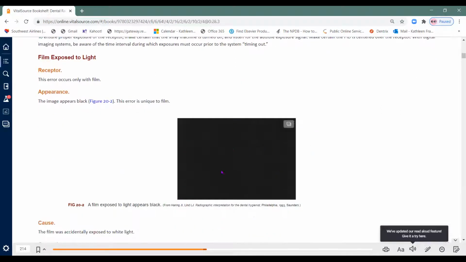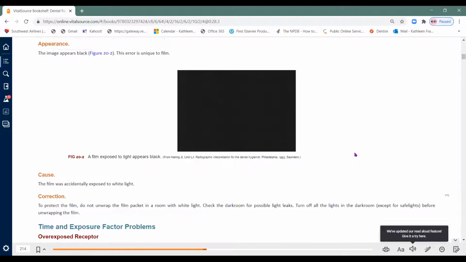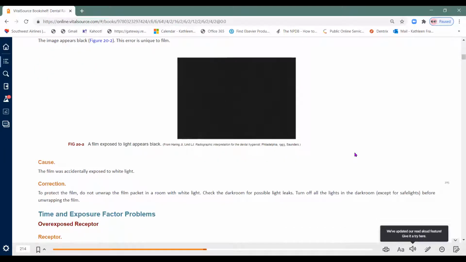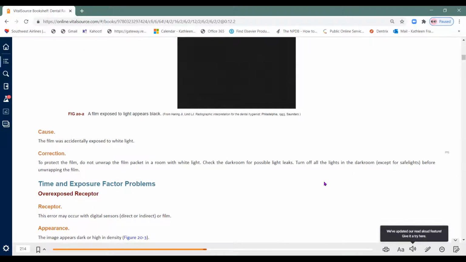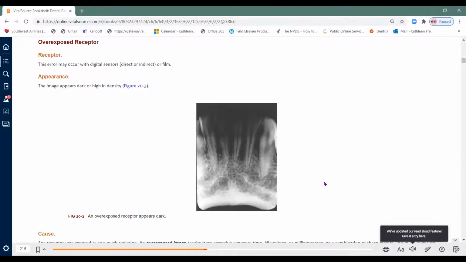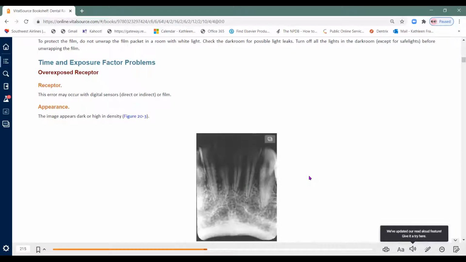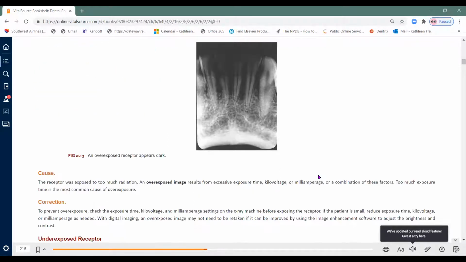Maybe you didn't turn on the machine, but basically it wasn't exposed to radiation. If it comes out all black like this, it means that it was exposed to light. So if it's on manual film, somebody opened the packet. It doesn't usually happen with digital film. Here, it appears dark because it was overexposed. The settings on the control panel were too high.